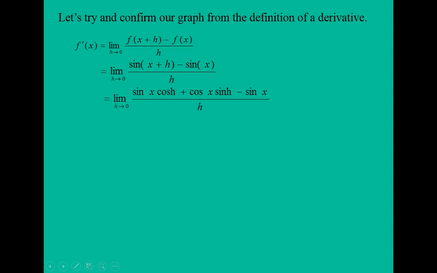Let's group together our sine x's, so maybe we could factor that out. So we took the end term, the minus sine of x, and we grouped it with our sine x times cosine of h. So now we could factor that out.